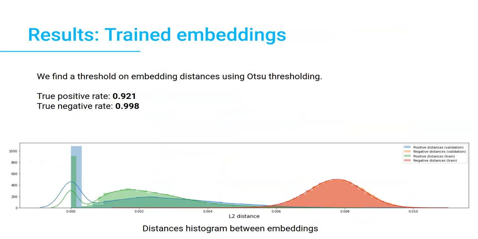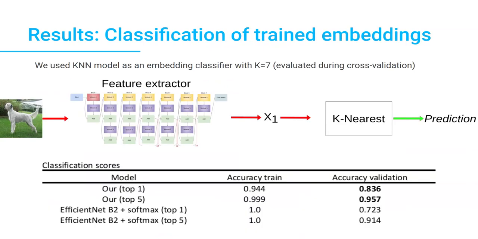Below the threshold, we assume that images are the same, and above the threshold, images are different. Following that approach, we achieved true positive rates of more than 92% and almost 100% for true negative rates, which is a very good result, actually. But we will move on and talk about classification of such embeddings.